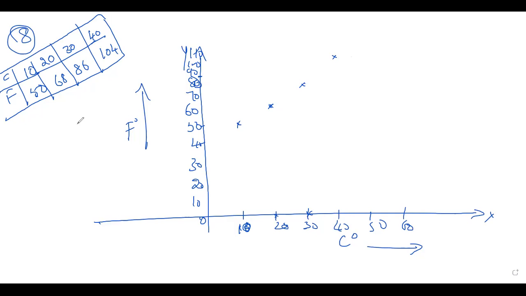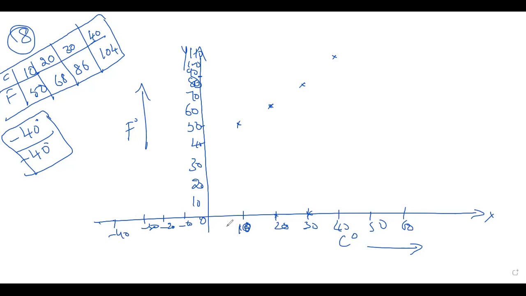And one more, children, I will mark minus 40 degree and minus 40 degree, because I'll show you the last question answer comes here. But I am marking it now to show you. 30, minus 40. Okay, so it is minus 40 Celsius and Fahrenheit.